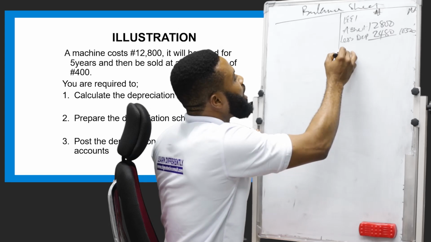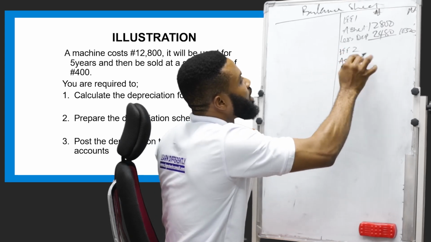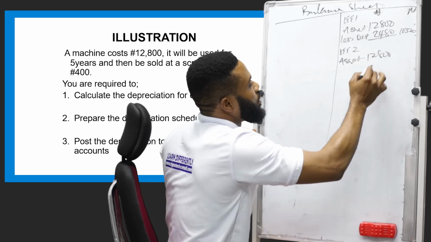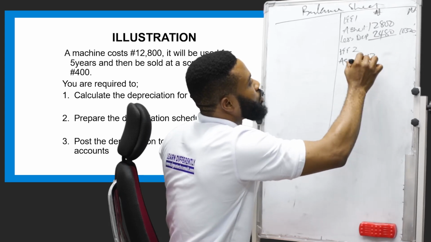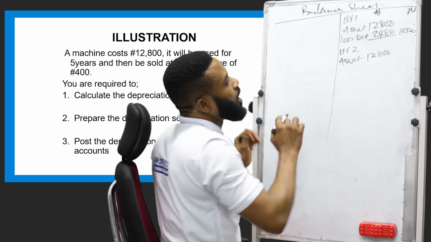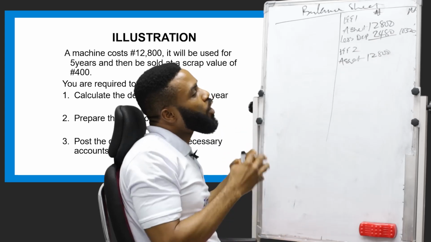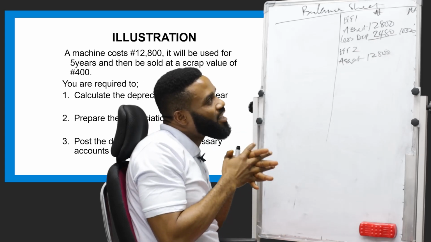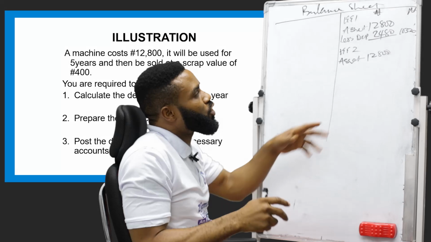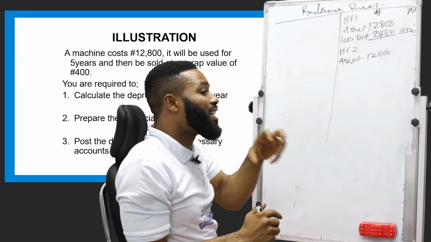And then you come here, 1992, you write asset 12,800. Now this 12,800 that you are going to have here, you are going to subtract the accumulated depreciation. The accumulated depreciation is just the depreciation of that second year.